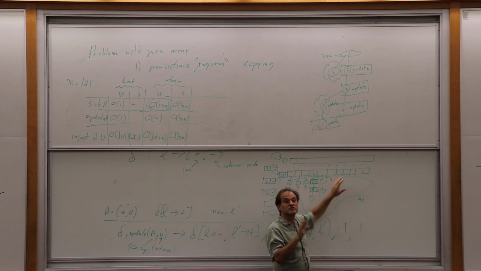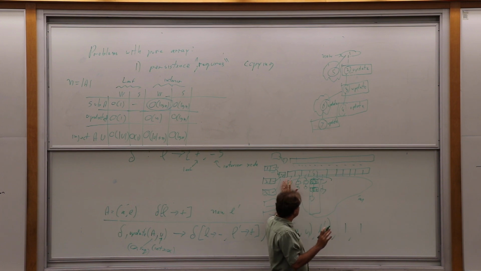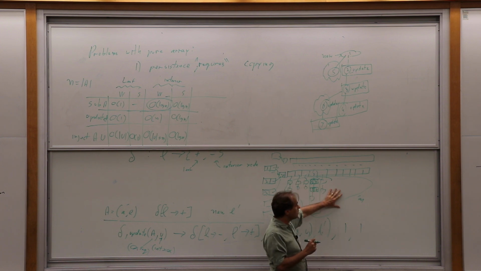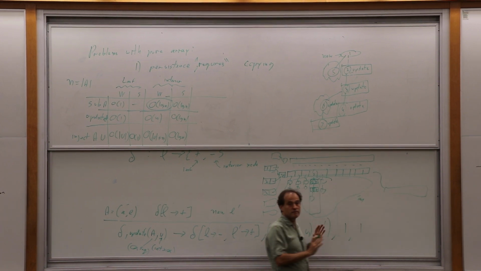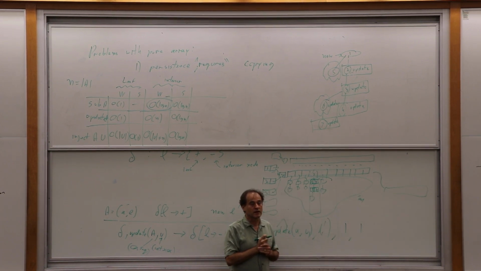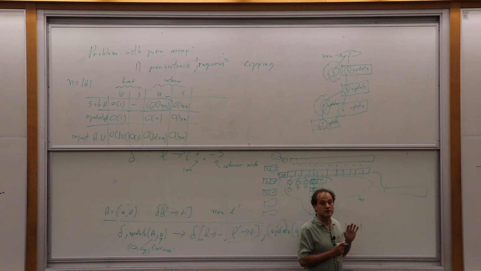So we're never wasting more than a constant factor of space. Even though maybe no one in the world has pointers to any of these versions, we're still only losing a factor of 2. And then when it fills up, we copy this over to a new array and we throw everything away. And we can amortize the cost of that copy against the cost of all the updates we did.